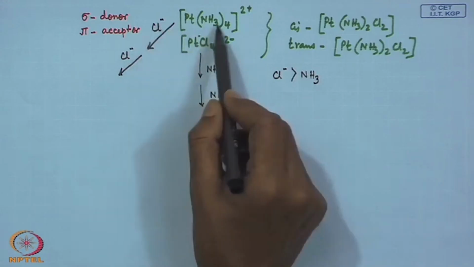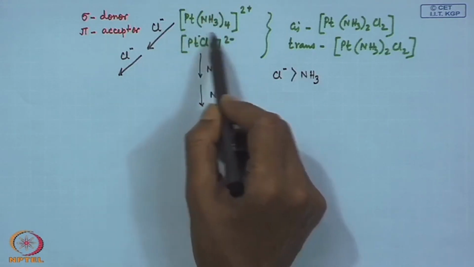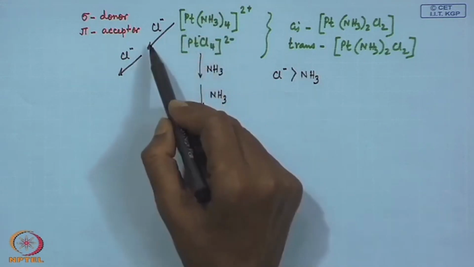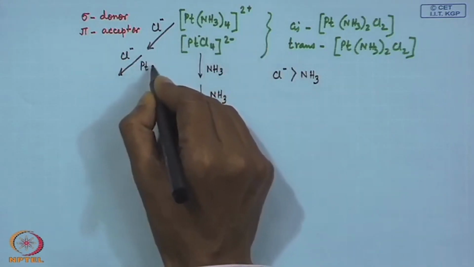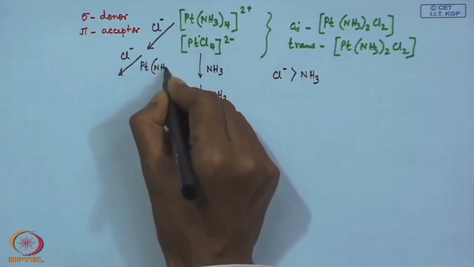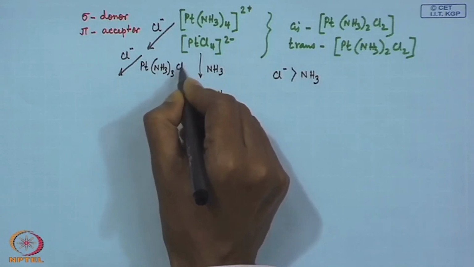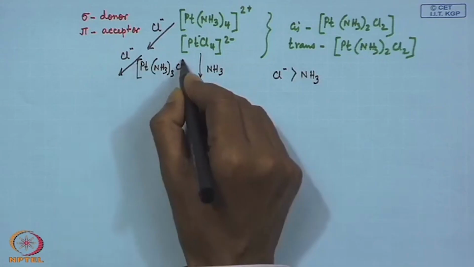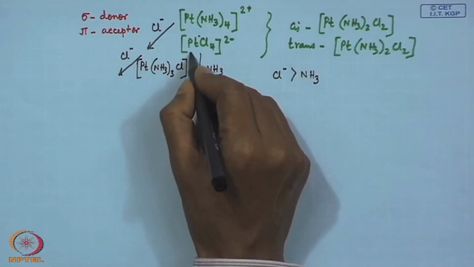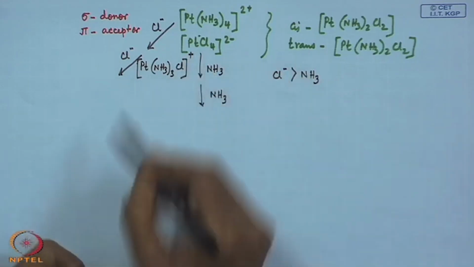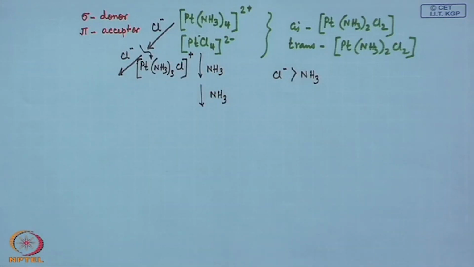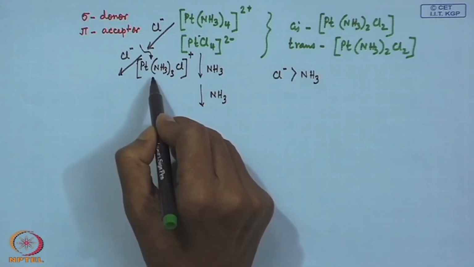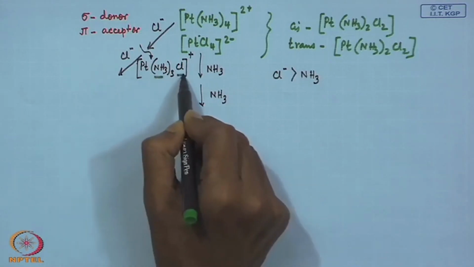So, when all four are the same, immediately we get the substitution, that means the Pt(NH3)3Cl⁺, which we get plus Cl⁻. At this point we make this molecule immediately, and only then we have the choice between NH3 and Cl.